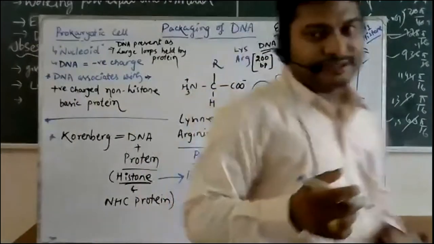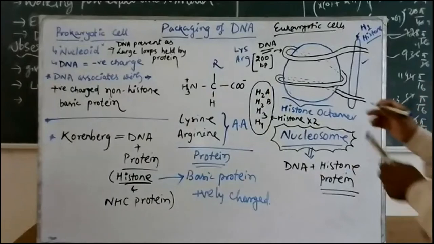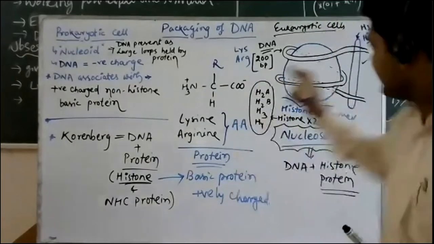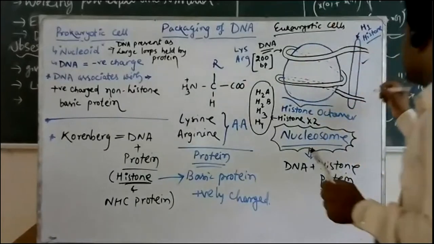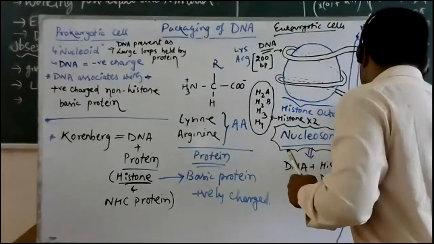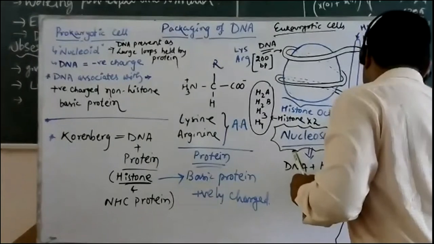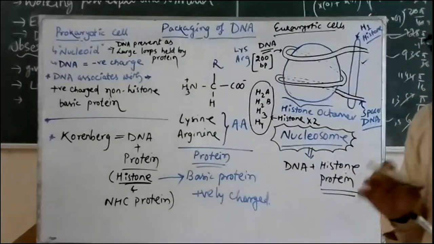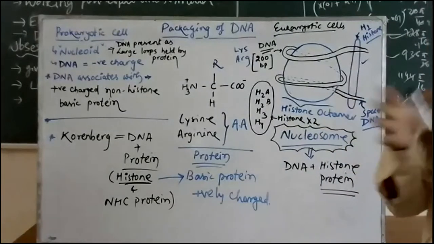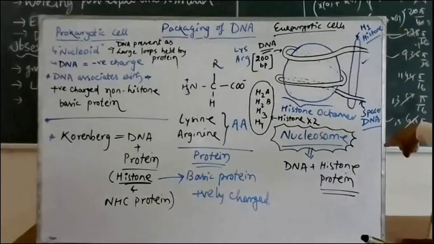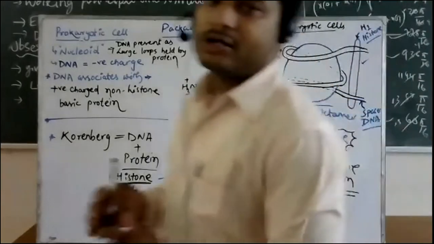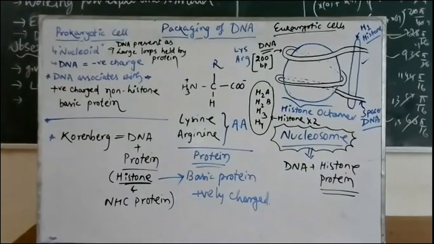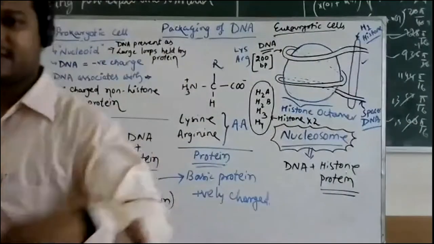And the DNA in between, that is not wrapped around the nucleosome, is called the spacer DNA. Because it is present in between, spacer histone, spacer DNA, H1 histone, or the linker DNA. Sometimes we call it the linker DNA or the spacer DNA. Both are the same thing.